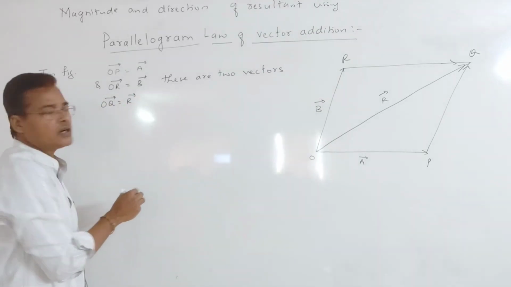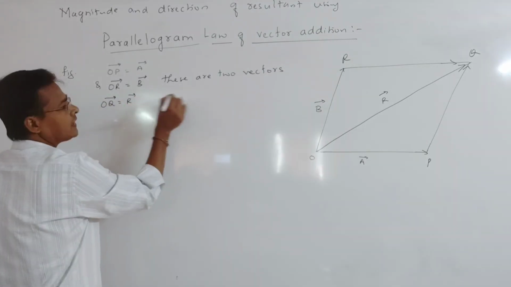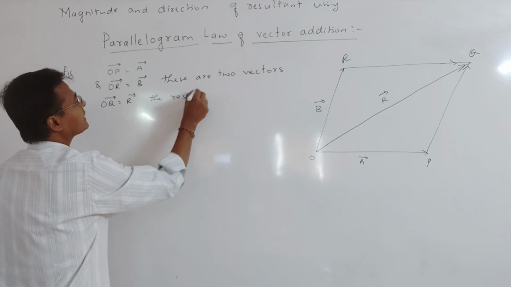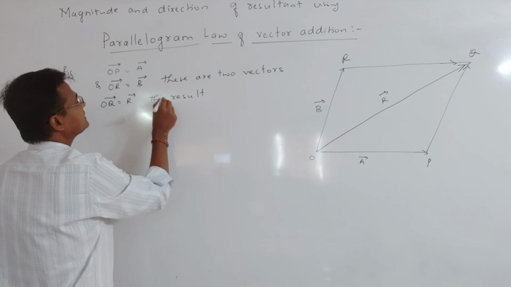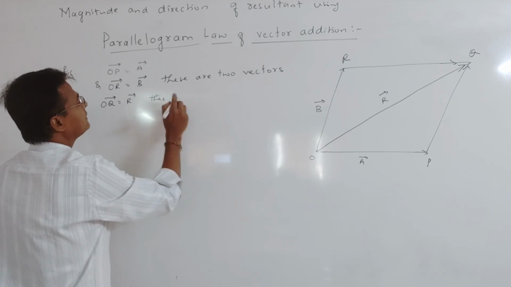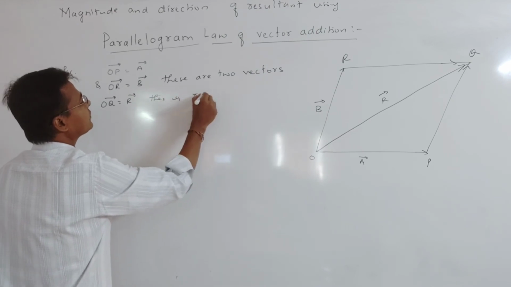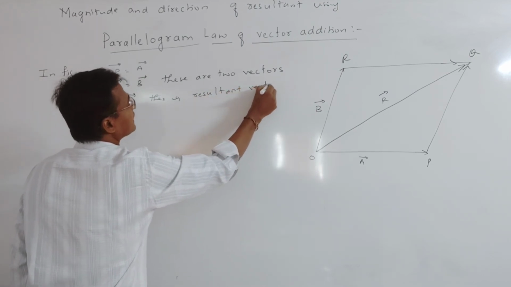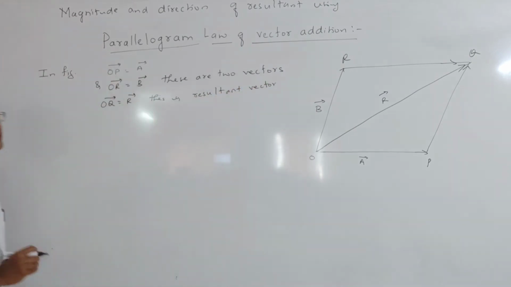So this we are going to call the resultant vector.